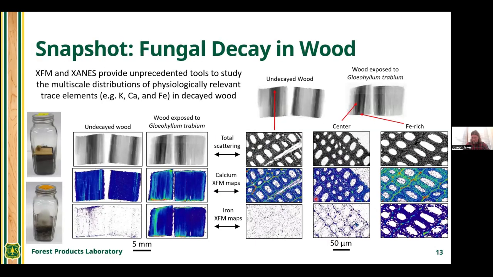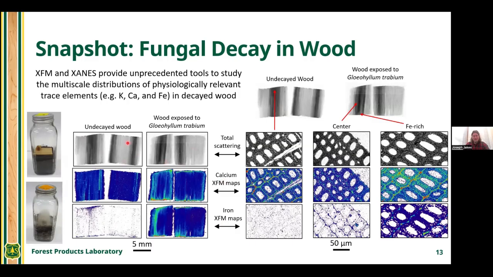We've also found that these techniques are great for studying the distributions of physiologically relevant trace elements in fungally decayed wood. So we do these soil bottle tests where we expose a wood block to a specific fungus inside of a soil bottle. Here's just an example of the calcium and iron maps.